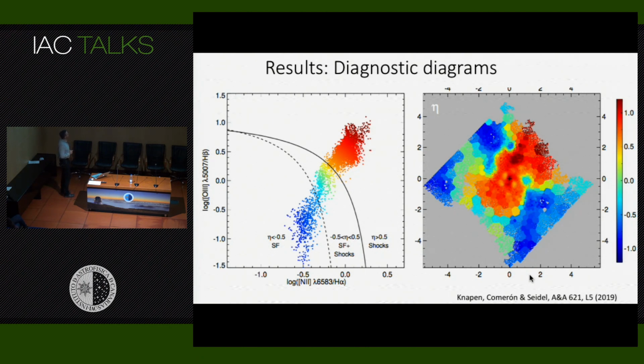Because we have all these individual points, which are all individual pixels, we can map them back into the image, which we've done, and what you see on the right is all these individual points mapped back to the spatial position where they're from. So here's our MUSE field of view again. The cross in the middle is the AGN position, which we define by the peak in velocity dispersion. The blue regions are out here. That's the star formation.